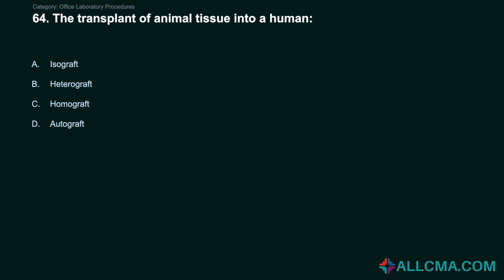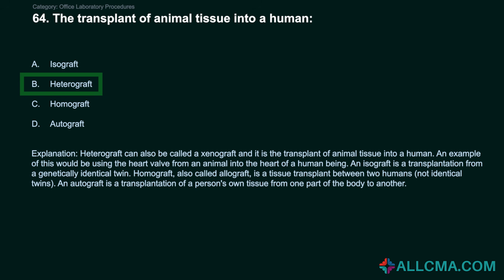64. The transplant of animal tissue into a human: A. Isograft, B. Heterograft, C. Homograft, D. Autograft. Correct answer, B. Heterograft. Heterograft can also be called a xenograft, and it is the transplant of animal tissue into a human.